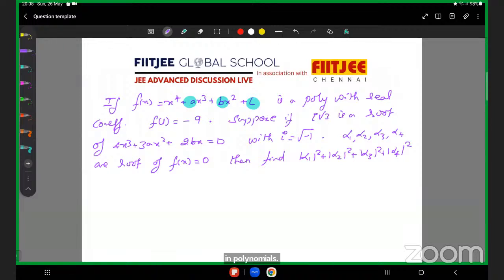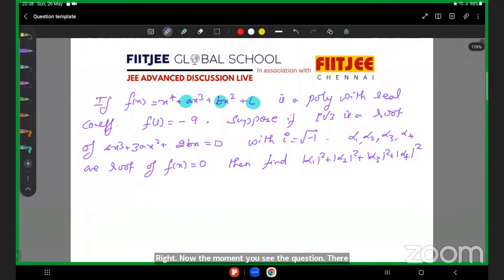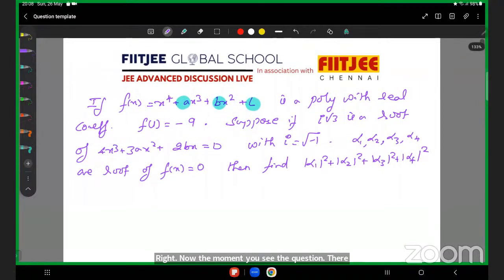Now, the moment you see the question, there is certain information you can easily gather. If 4x cube plus 3ax squared plus 2bx, what strikes your mind? It looks like f dash of x, isn't it?